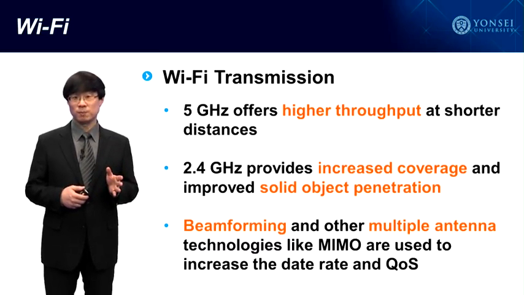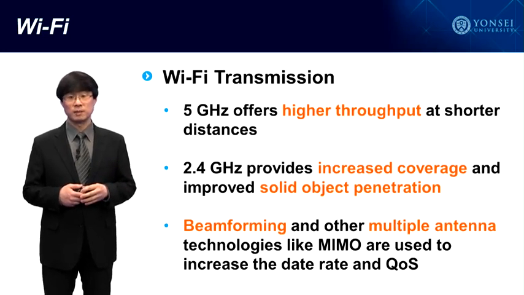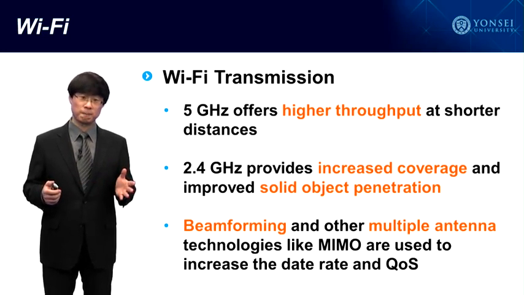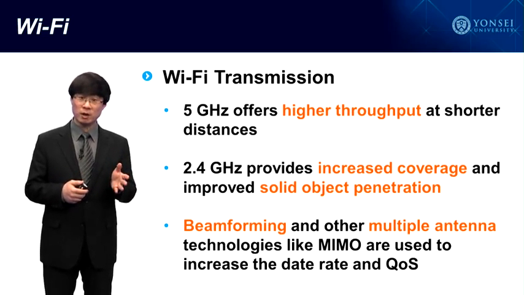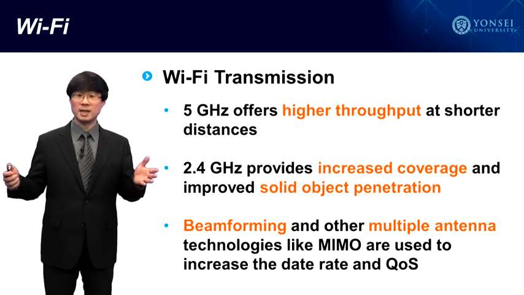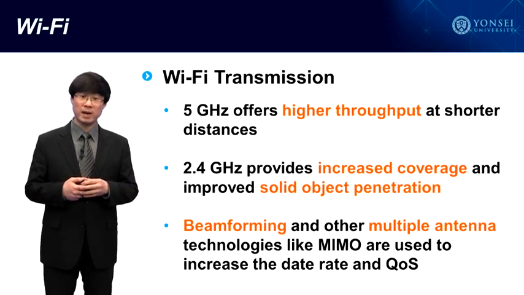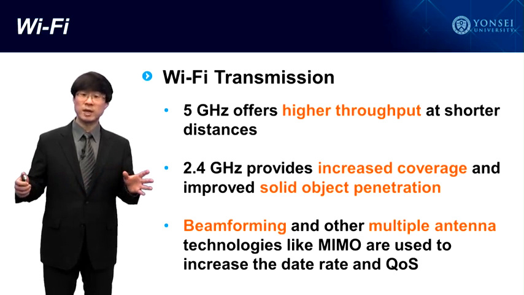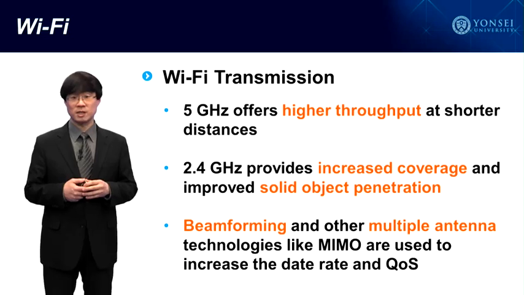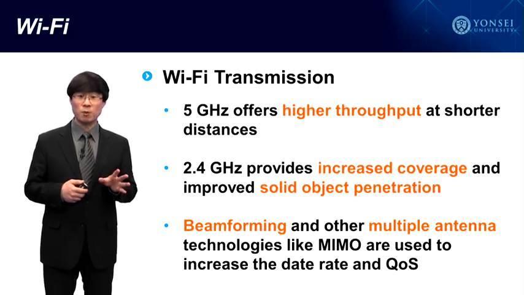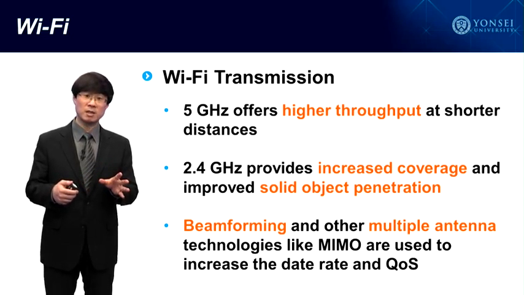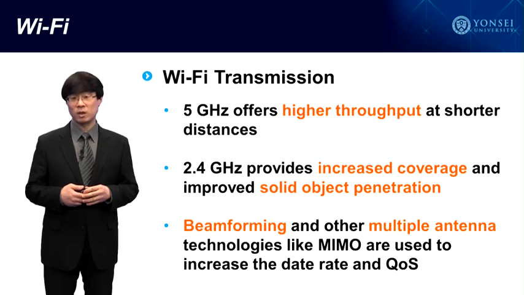Wi-Fi transmission at 5 gigahertz offers higher throughput at shorter distances. At 2.4 gigahertz, there's an extended coverage area because the signal propagates through solid objects better than the 5 gigahertz signals do. Beamforming and other multiple antenna technologies like MIMO are used to increase the data rate and quality of service.